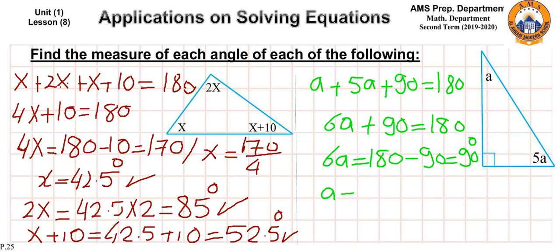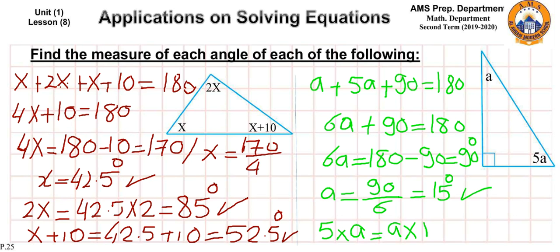Now a equals 90 over 6, and this will be 15 degrees. This is the first angle. What about the other angle? It will be 5 times a, equal 5 times 15, and this will be, yes, 75.